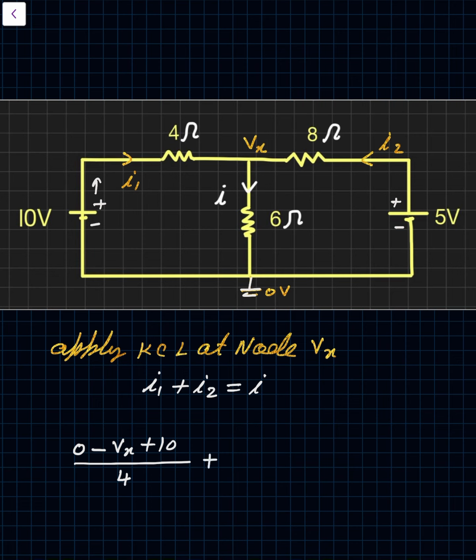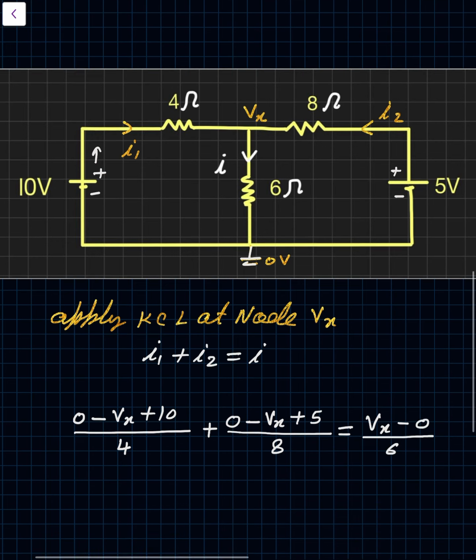I2 is written as 0 minus Vx, current leaves from the positive terminal of 5 volt, divided by how much? 8 ohm, this is equal to what about I? I is written as Vx minus 0 divided by 6 ohm.